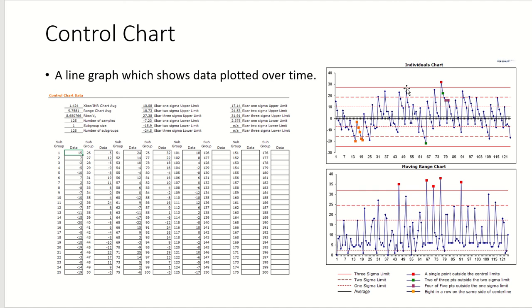But no matter how sophisticated the machine is, there will always be random variations. Ang tanong ngayon is, kailan mo sasabihin na may problema na, reject na yung produktong ginagawa ng isang machine? Kailangan meron kang upper limit and lower limit. You determine that. Ito siguro tinatawag natin tolerance.